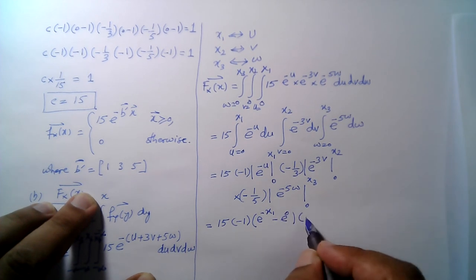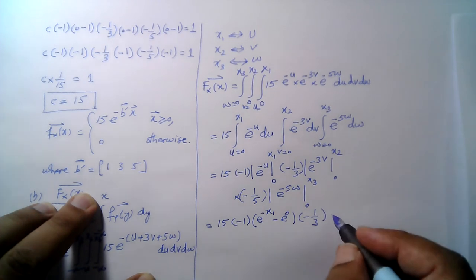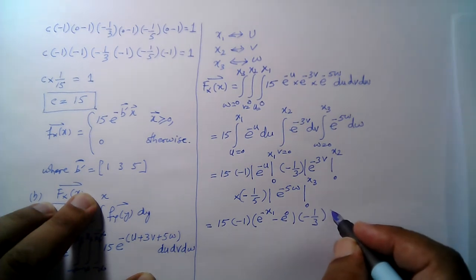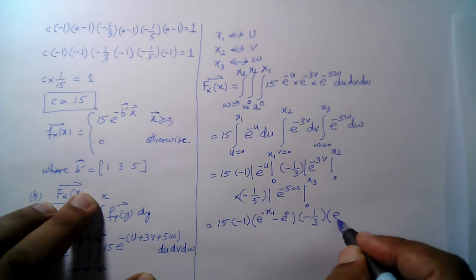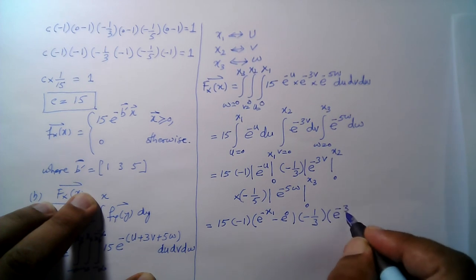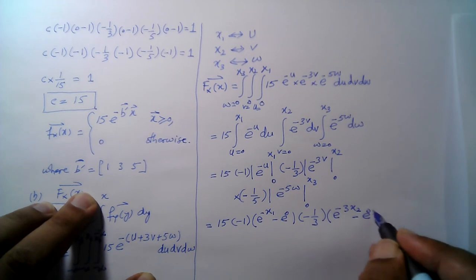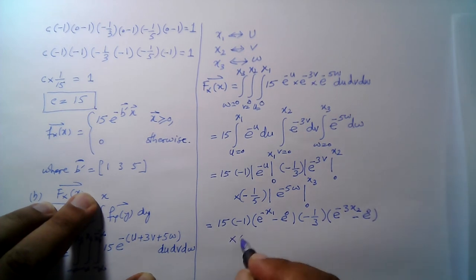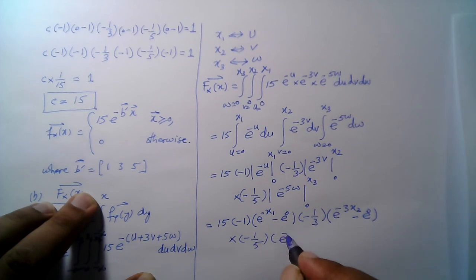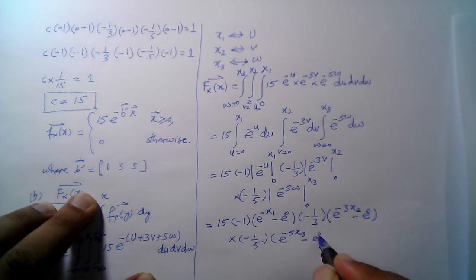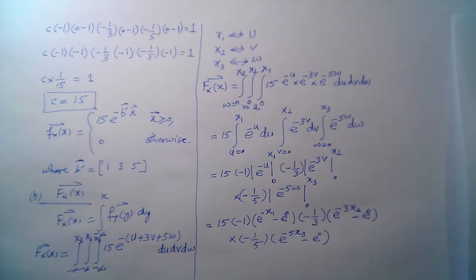And this will be minus 1 over 3, and this will be e raised to power minus 3x2 minus e raised to power 0, and here minus 1 over 5 into e raised to power minus 5x3 minus e raised to power 0, right?